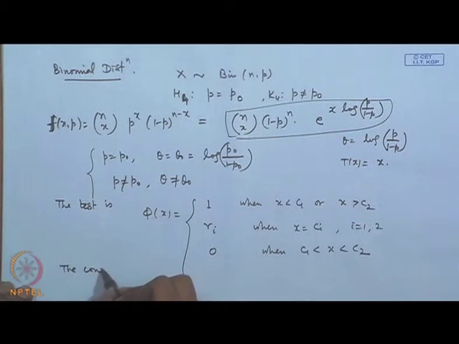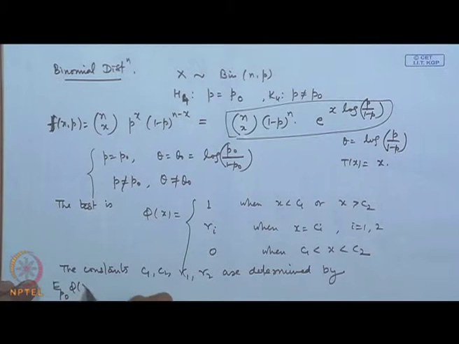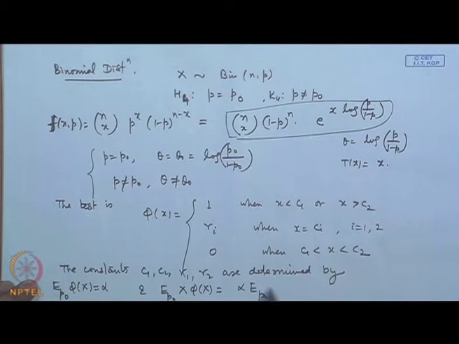The constants C1, C2, gamma 1, gamma 2 are determined by expectation under p naught of phi(x) is equal to alpha and expectation of x phi(x) is equal to alpha times expectation under p naught of x, and of course, expectation of x in the binomial distribution will be np. So, here it will become np naught.